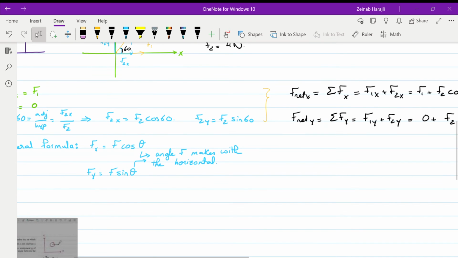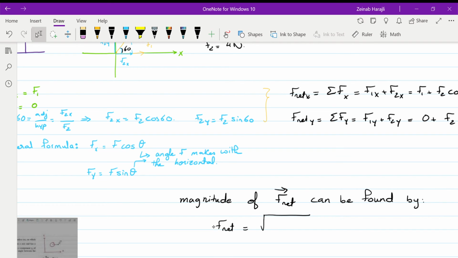What we can do next is find the magnitude of the net force from the x and y components. So the magnitude of the net force is equal to radical Fx squared net plus Fy squared net.